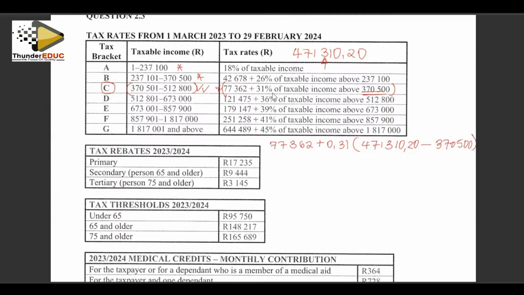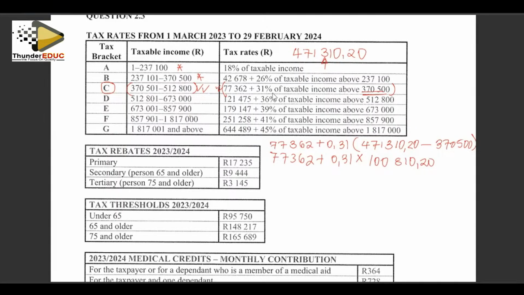To avoid getting wrong answers at this moment in time, you can put this into your calculator. Or you do this for me, get the answer that you have in the brackets. You have 100,810.20 cents.